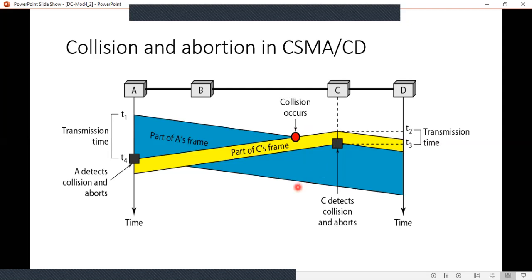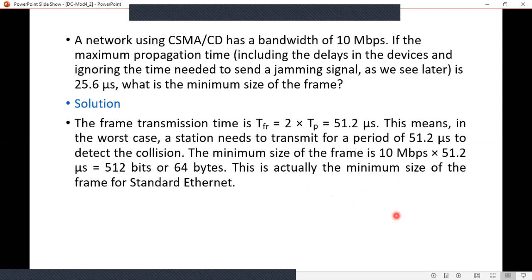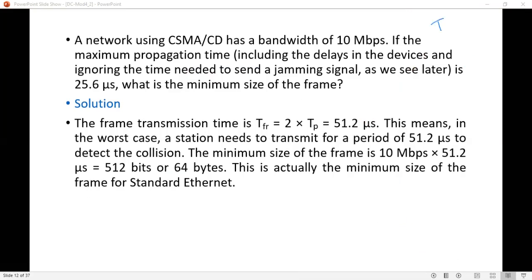Therefore this TFR, the average frame transmission time, should be at least 2 times the maximum propagation time, that is TP.